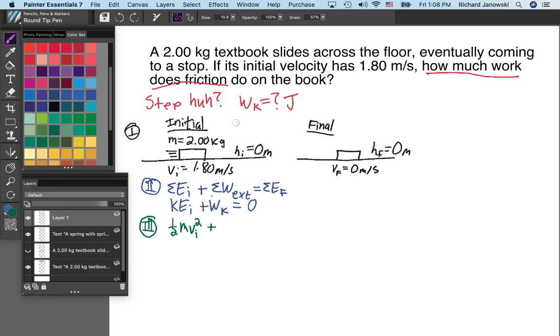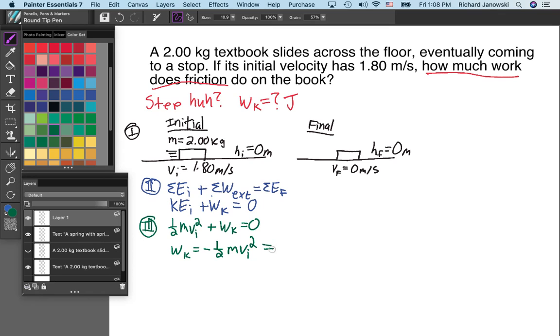It's this guy here. So I don't even need to change that. I'm going to just keep calling that W sub k, and this is equal to 0. So you've got to do a little bit of algebra to get that thing by itself, and what you'll end up with is W sub k is equal to minus 1/2 m V initial squared.